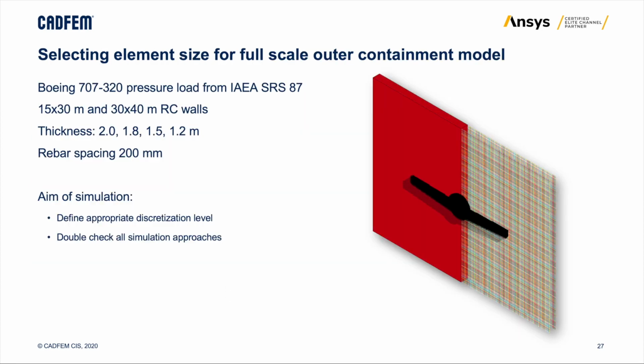With this task, we also have the problem of how to find the correct element size for this type of simulation. To define the correct element size, we created a numerical model of two different reinforced concrete walls with 4 different thicknesses, and measured the maximum wall deflection under the Boeing impact load to define a good mesh.